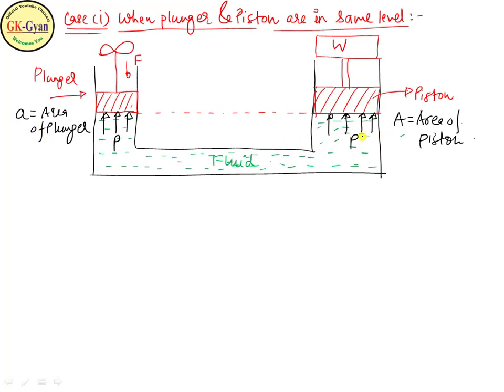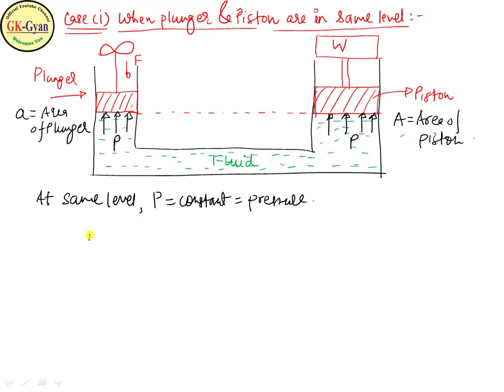At the same level, by the concept of the hydrostatic law, we have seen that at the same level the pressure is constant, and if you are moving horizontally the pressure will be the same. P is pressure.